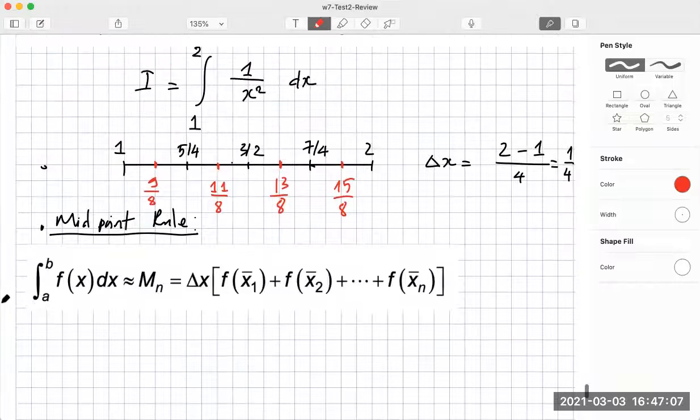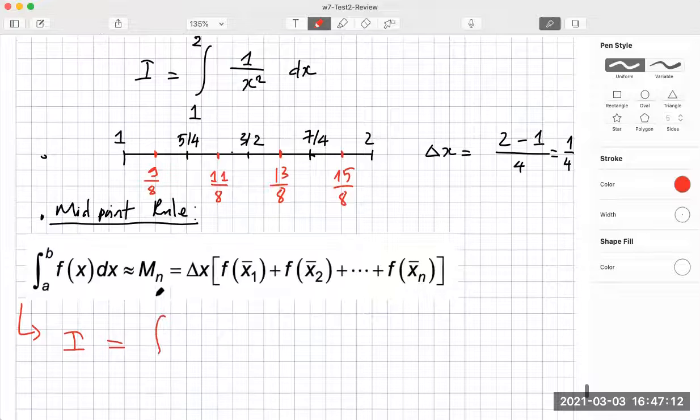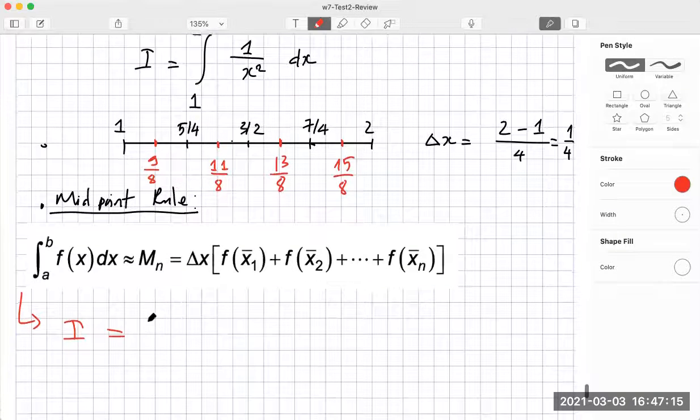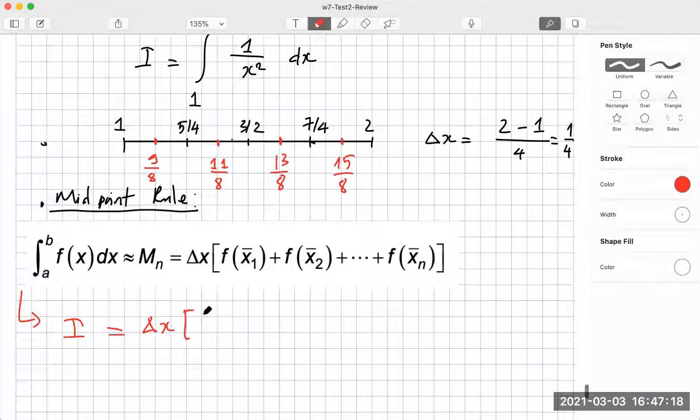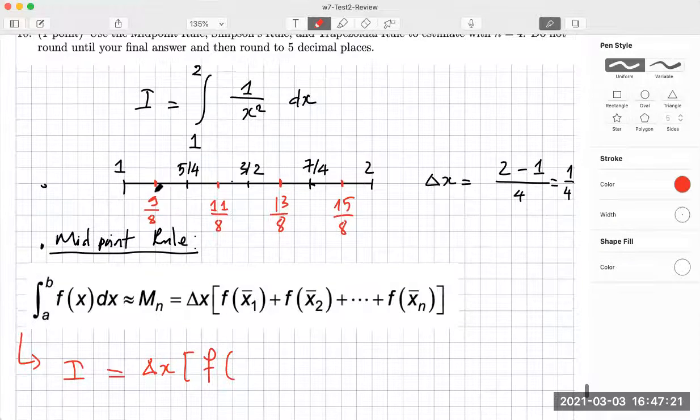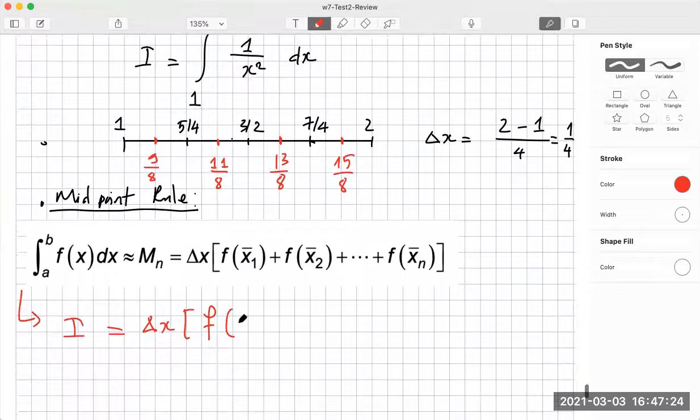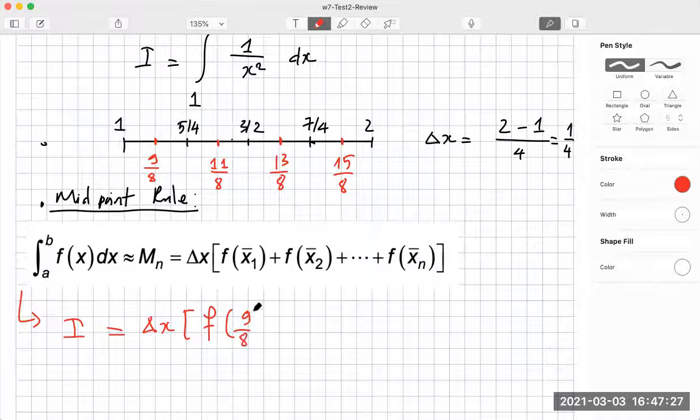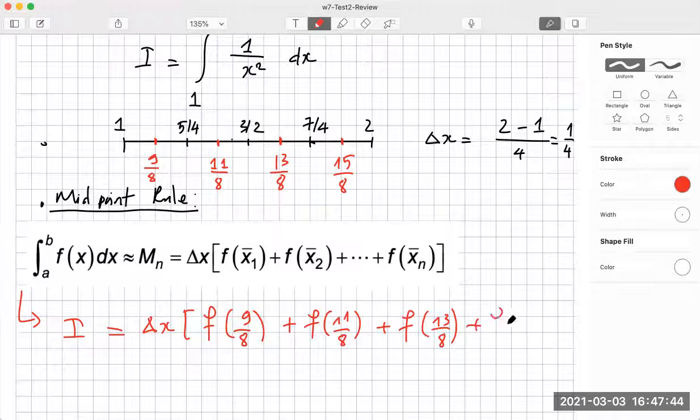And this formula implies that the midpoint rule I will be this guy, and it is delta x times f at x1 here, which is 9 over 8, plus f of 11 over 8, right, plus f of 13 over 8 plus f of 15 over 8.